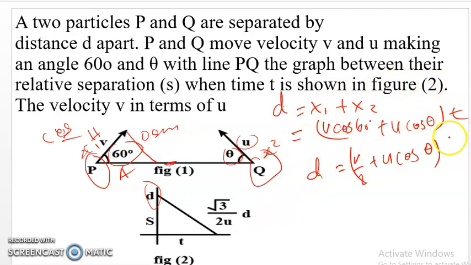And the time is simply root 3 divided by 2u, as we have seen here.